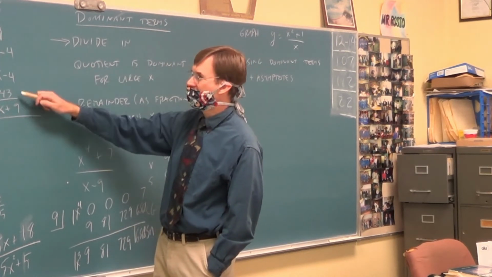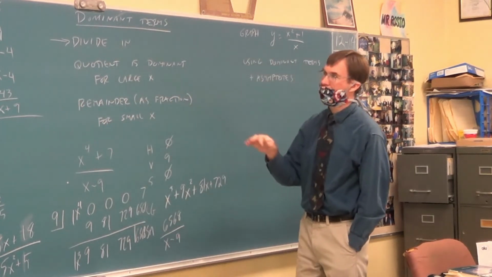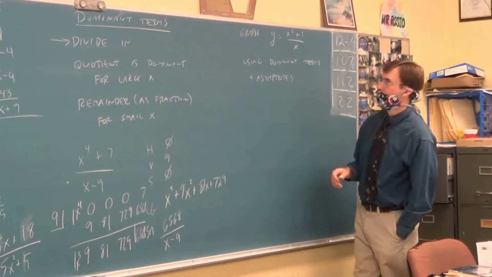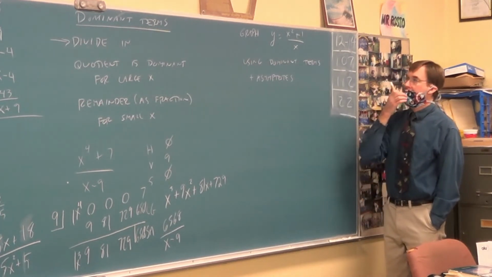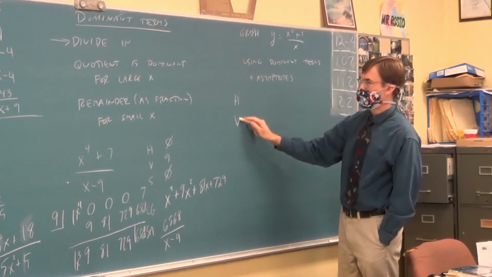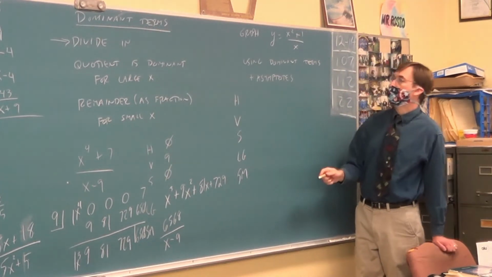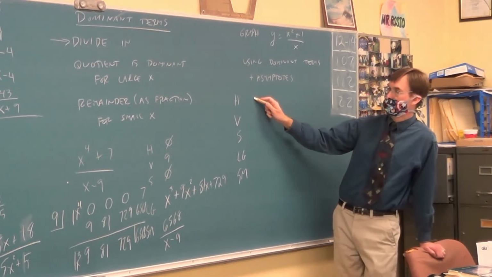This one wouldn't be so bad to graph using the dominant terms. It'll be a little similar to this one, but I'm not going to go back and do that one either. But if they ask you to graph using dominant terms and asymptotes, just kind of like make the list. Horizontal, vertical, slant, large, small.